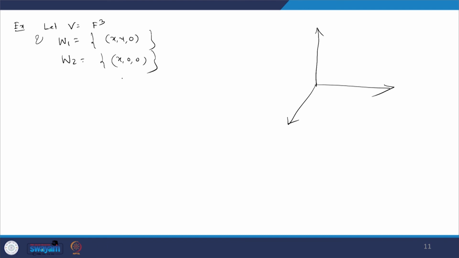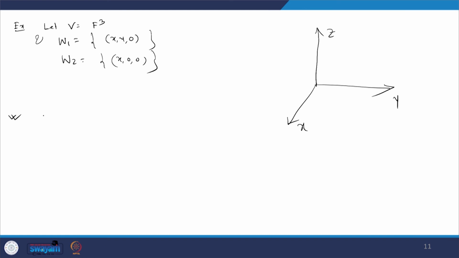Now if I take W1 union W2, W1 is the xy plane, whereas W2 is the x axis. So the union will again be the xy plane, so it will be a subspace. So if I consider two subspaces W1 and W2, their union will be a subspace provided one of them contains the other. That is the basic criterion.